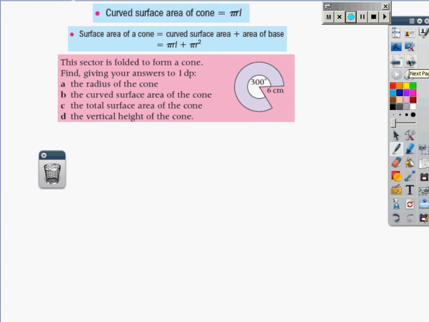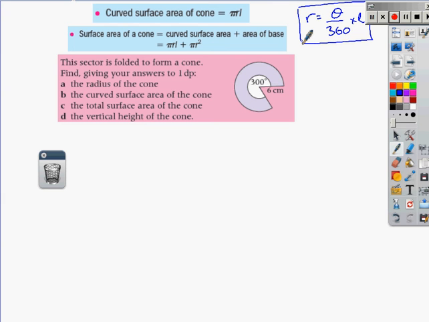We've got our formulae at the top of the board there, apart from the one that we do have to remember, so let's write that one down. That was that r is equal to theta over 360 times L. Right, okay, so we've got a sector here. Now this sector is folded to form a cone, and we want to find out the radius of the cone to one decimal place. Remember the radius? That's the same as the arc length.